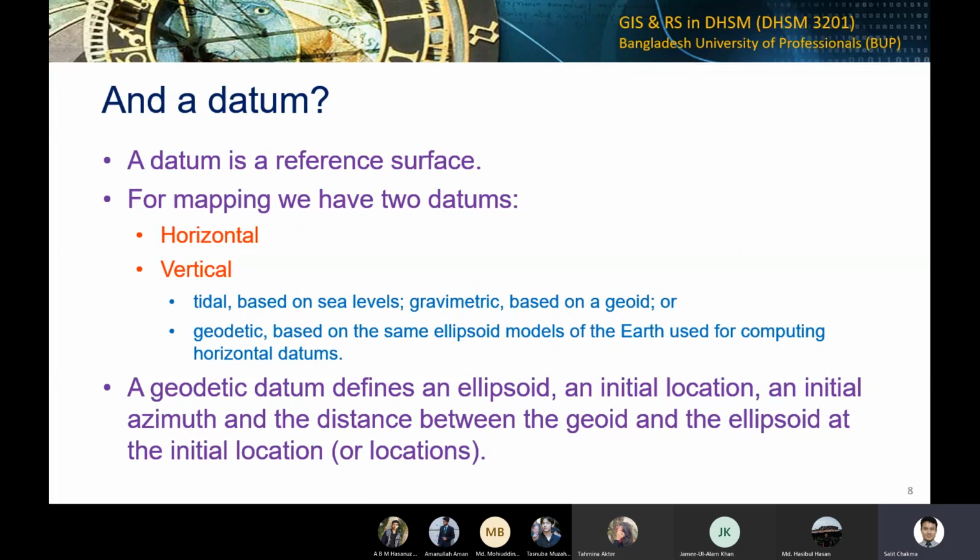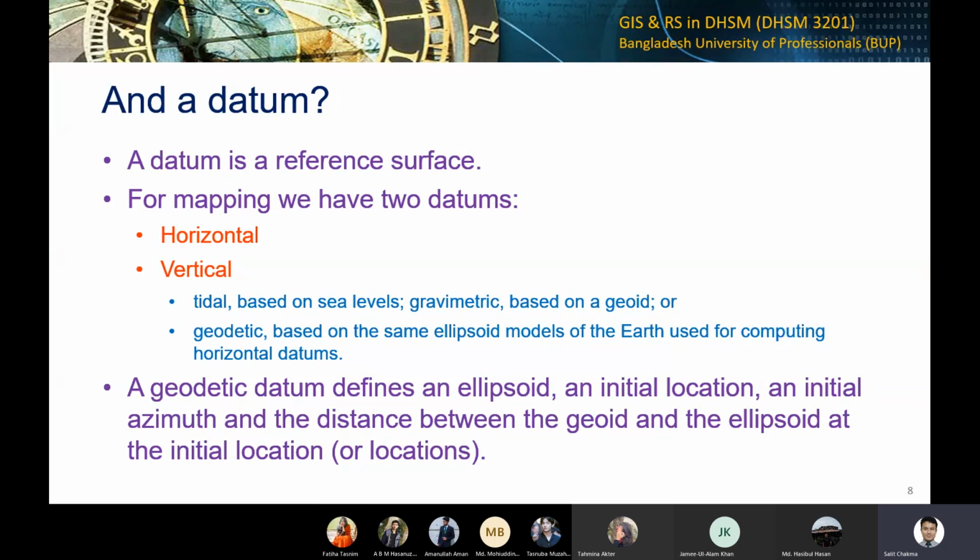So that leads to a next question: what's datum? The datum is a reference surface. And we have two sorts of datum. One is horizontal and another one is vertical. So horizontal datum, you will understand just a little bit later in the coming slides. The vertical datum, it depends.